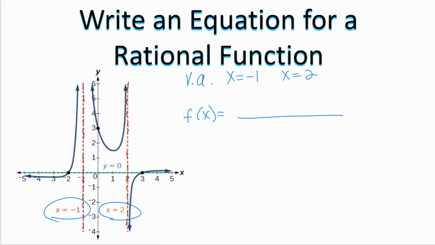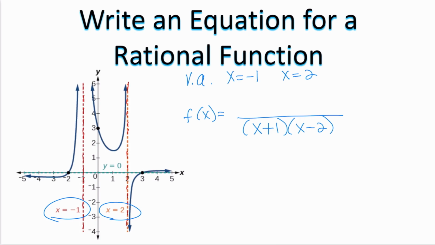In the denominator, I'm going to put my vertical asymptotes. If there is a vertical asymptote at x equals -1, that means that one of my factors is x plus 1. If another vertical asymptote is x is equal to +2, that means x minus 2 is going to be one of my factors.